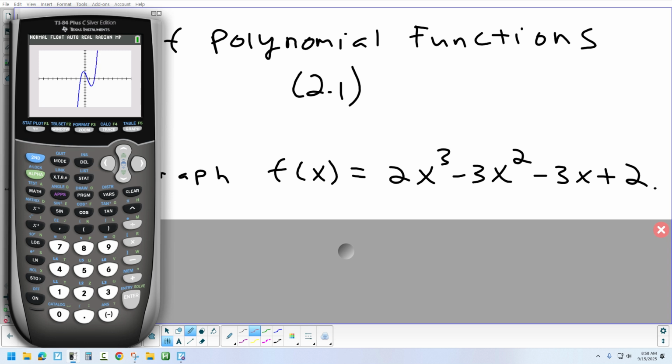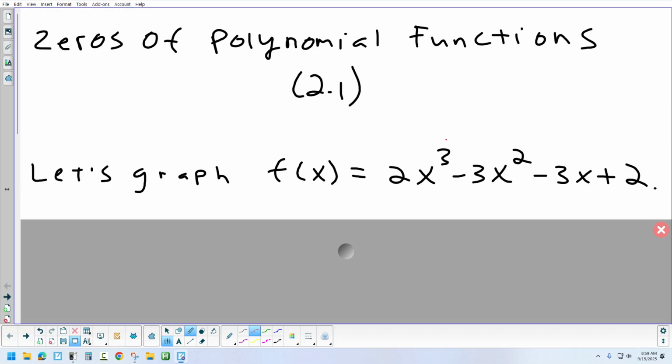Okay, looks fine. So let's look at first, how many times does it cross the x-axis? Yep, 3 times. And notice that's a 3. That highest number doesn't always guarantee it's going to cross 3 times, but that number is a maximum number of times that it could cross.